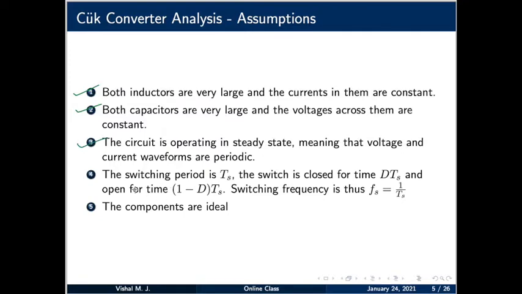Then the switching period is Ts and the switch is closed for a time DTs, where D is the duty ratio of the switch, and for the balance time, (1 minus D) Ts, the switch is open. The switching frequency is 1 by Ts and the components are ideal. With these assumptions, which are similar to those we made for the previous three converters, let us start analyzing the Cuk converter.